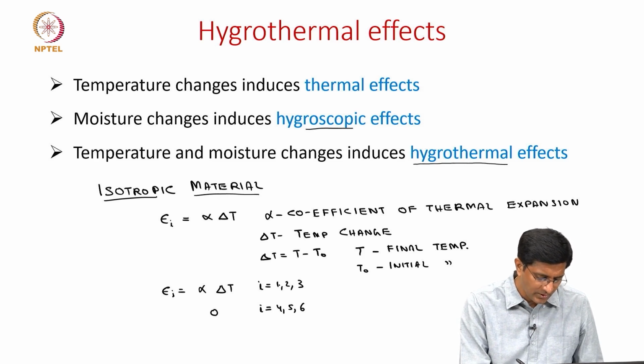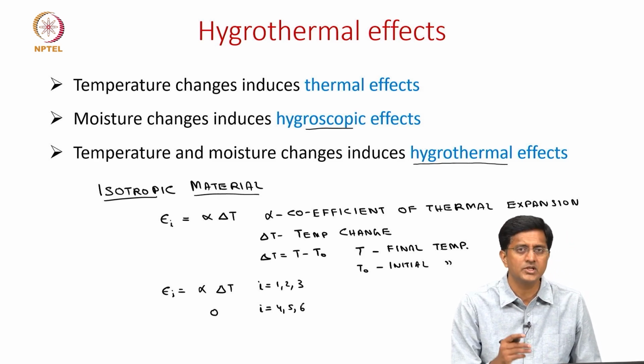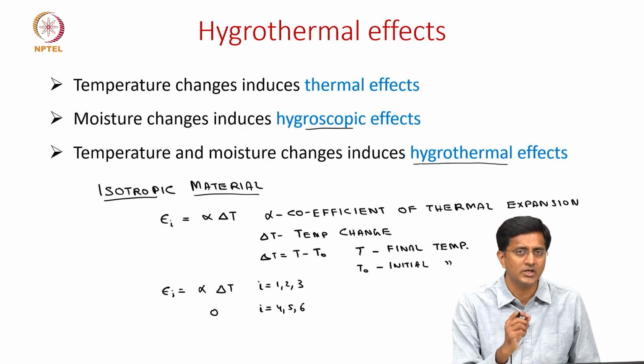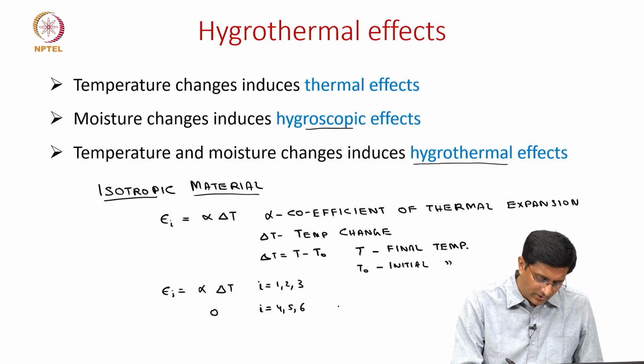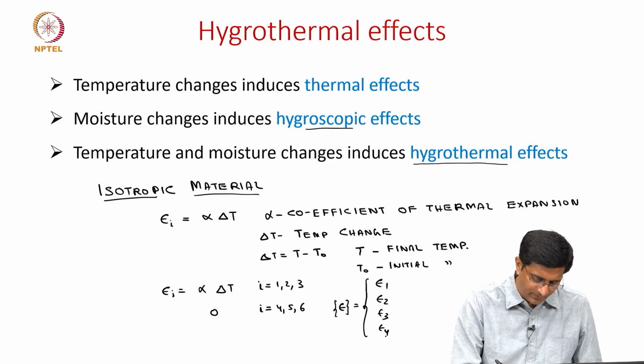What are these subscripts 1, 2, 3, 4, 5, 6? These are the contracted notations we discussed a few lectures back. So let's say this is the strain vector in 3D. This can be represented, we said, as epsilon 1, epsilon 2, epsilon 3, 4, 5 and 6.